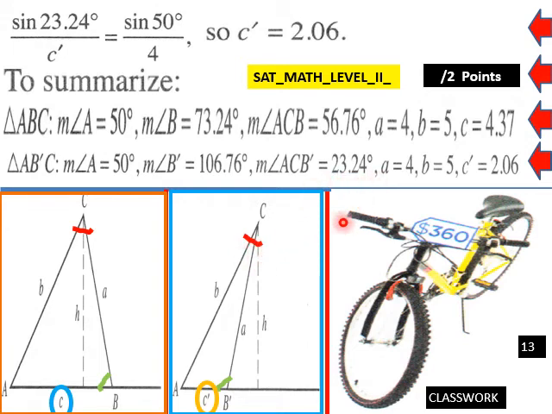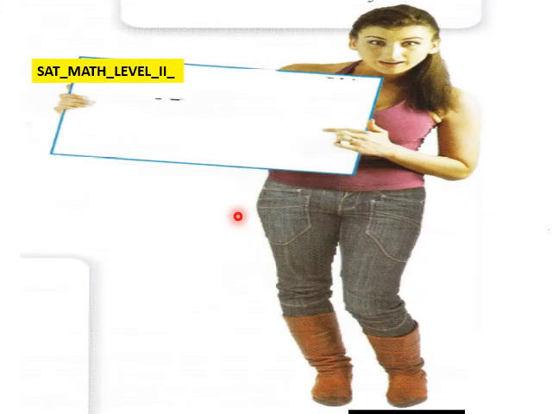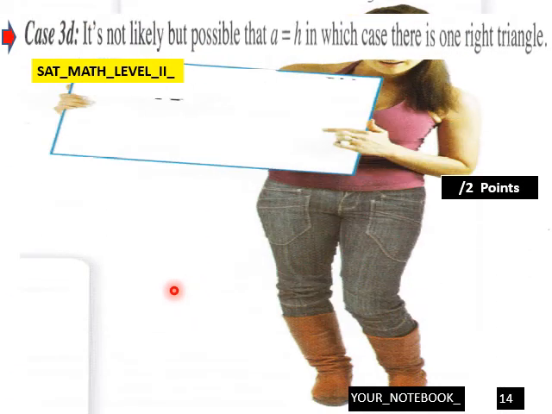And then sides here, a will be 4, b will be 5. Here's your side length b, and then c will be 2.06 down here. So that was one of those two triangles.